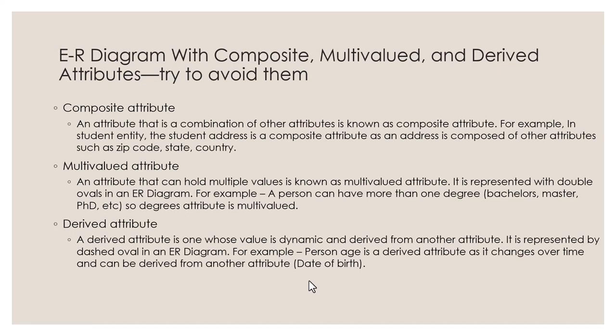Another example: if you have an attribute called remaining balance, using the total loan value, how many months are left, and maybe even the interest rate, you should be able to compute or derive that. That's an example of a derived attribute, and these are usually represented using a dashed oval.